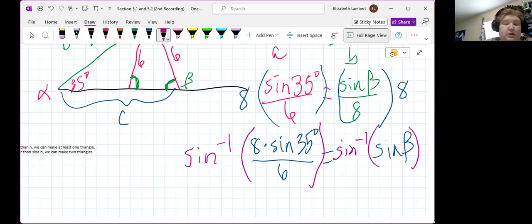So I'm going to start with sine inverse, and then that opens a parenthesis, 8 times the sine of 35, which opens a parenthesis, so I close that, divided by 6. And then I close that.